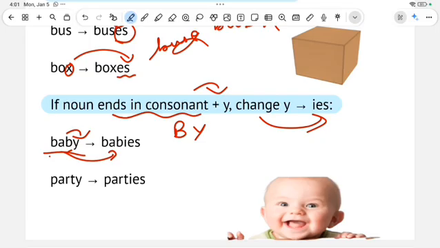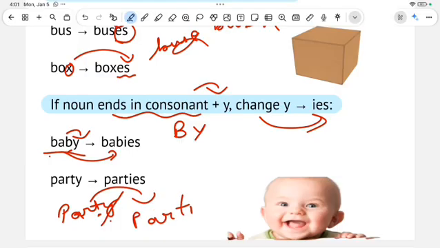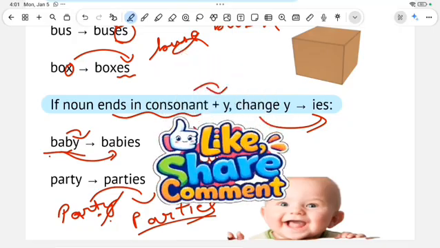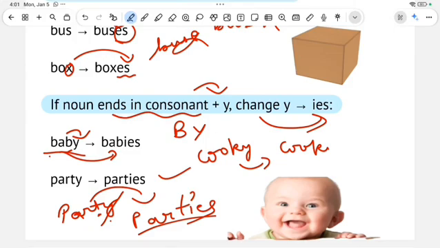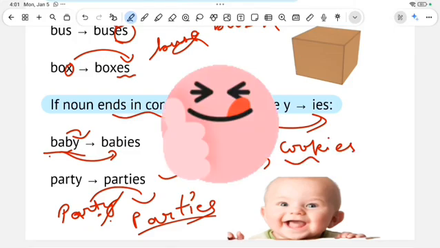Like party: t is a consonant and then y, right? So first we have to cancel the y, and then instead of y we have to write ies, and it will become parties. Again, cookie will become cookies, one cookie and more than one cookies.